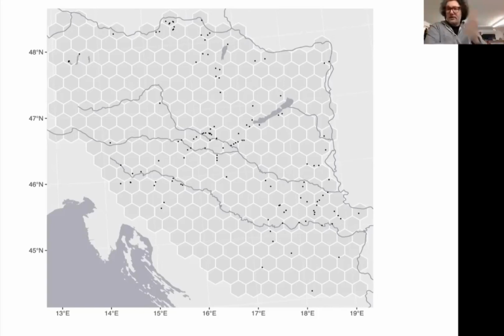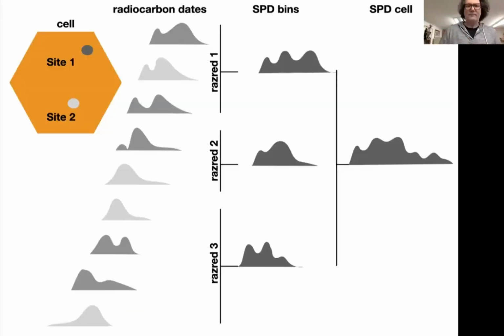So the procedure goes like this. The radiocarbon dates are first binned into the grid cells, collected within each grid cell, and sorted in decreasing order. Basically, we treat all radiocarbon dates from the grid cell, from different sites, as one set of data.